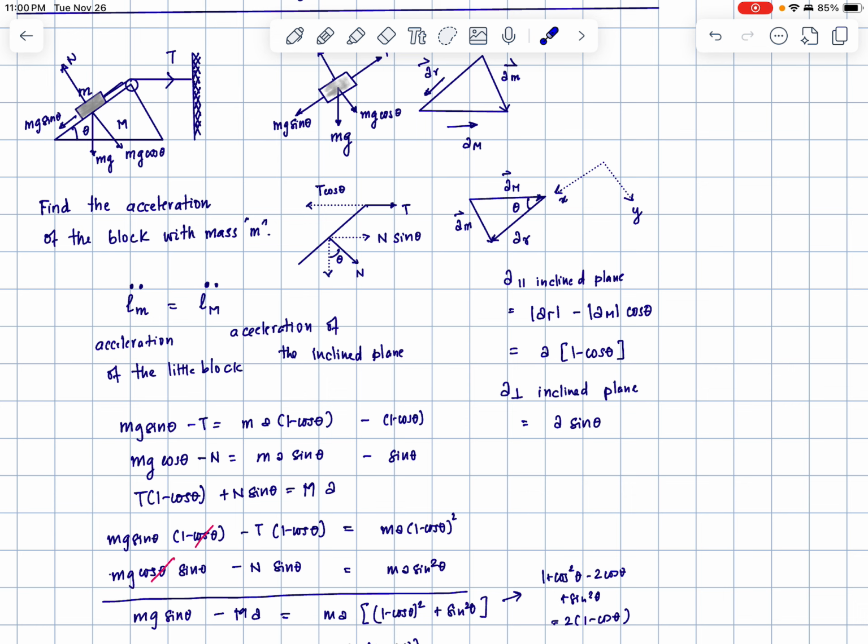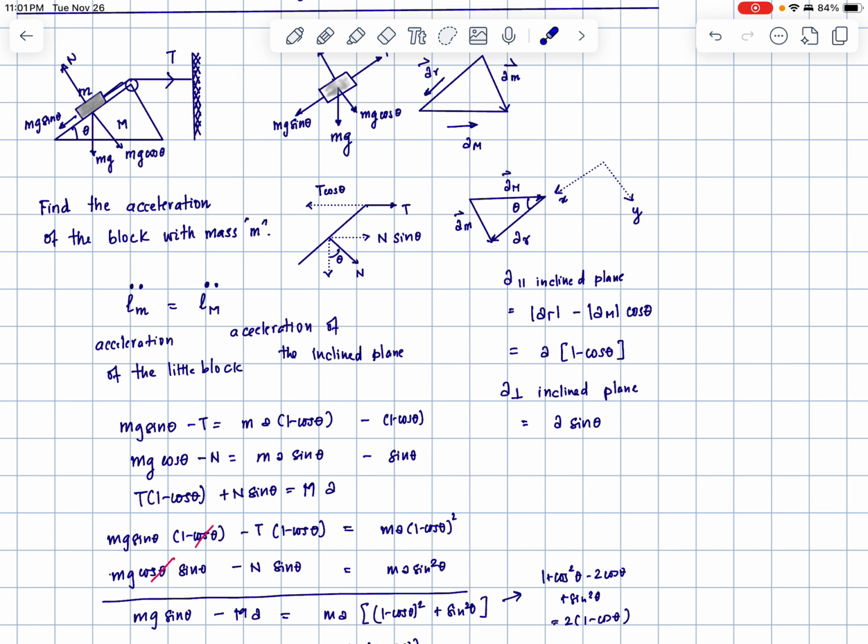Therefore, any change in the length here is reflected there, and vice versa. From that we got this constraint equation, which means that the acceleration of the little block going downwards is equal to the acceleration of the big block moving sideways.